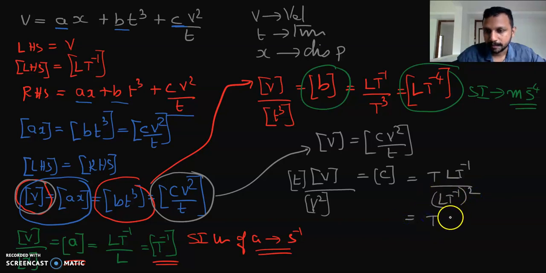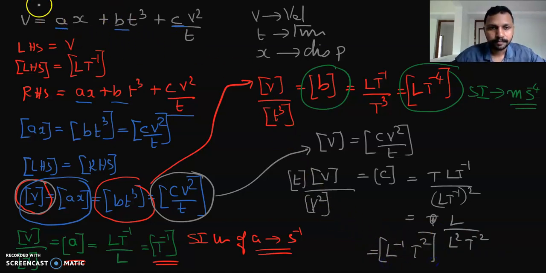Therefore, T into T⁻¹ gets cancelled, divided by L²T⁻². Taking it to the numerator, we get L⁻¹T².